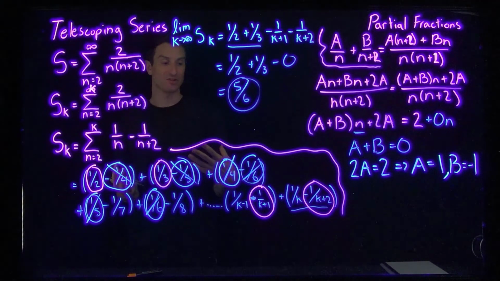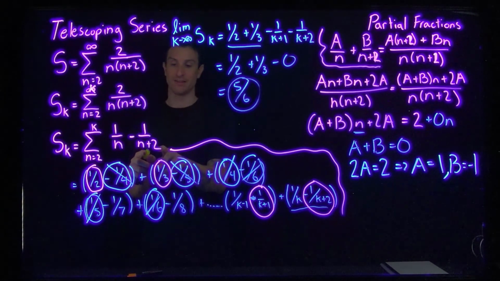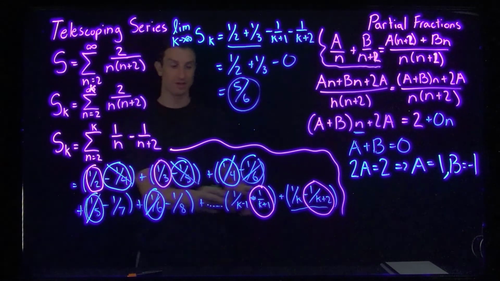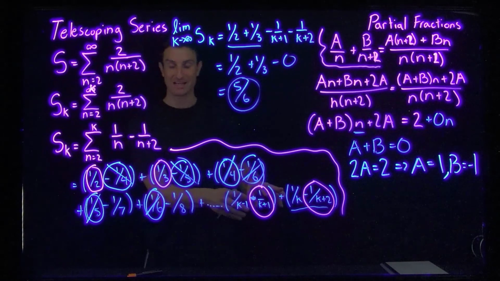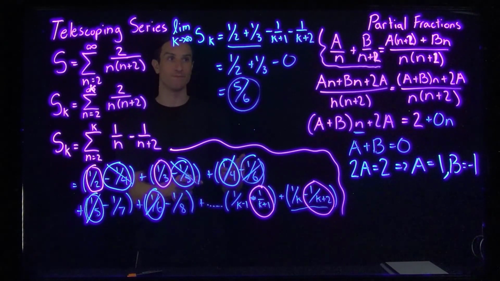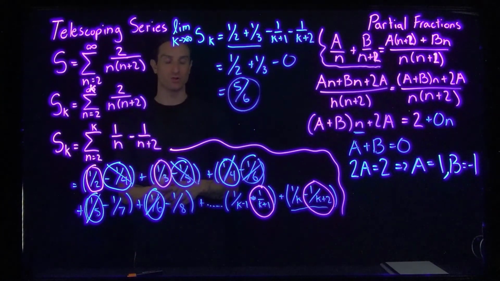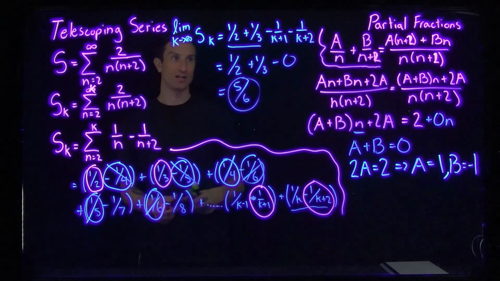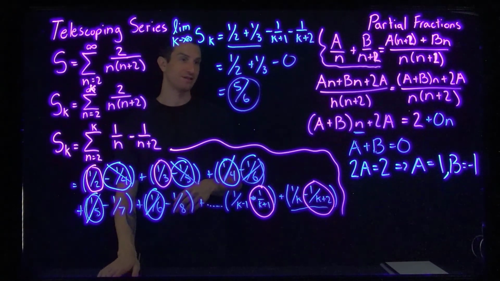Once we know it's a telescoping series, we know things are going to start to cancel out. And again, there is a pattern here. This is a 2. We keep the first two terms, last two terms. You could imagine if it's a 3, we keep the first 3 terms, last 3 terms. So that pattern will keep going. After that, we need to make sure we're taking the limit as k goes to infinity in order to approximate the series. In this case, we get 5/6 after everything's said and done.